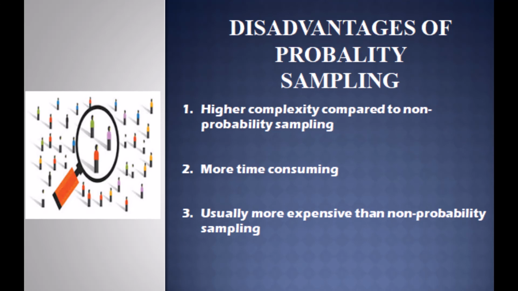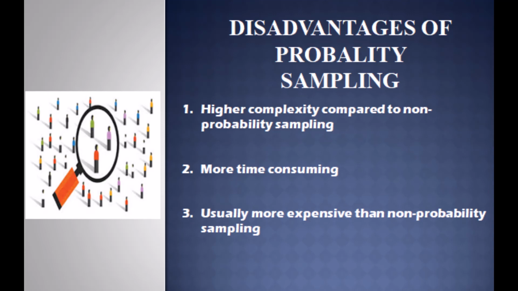A quick look at the disadvantages of probability sampling. Number one, it is complex. It is very complex. It requires some level of expertise. It requires some level of professionalism as compared to non-probability sampling.